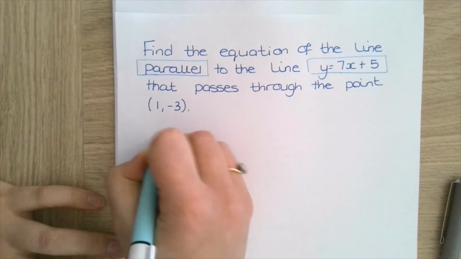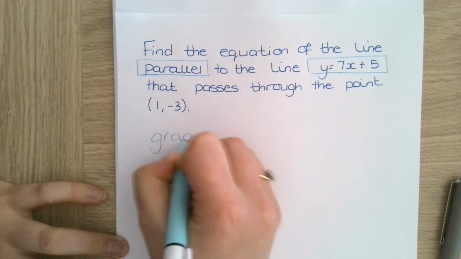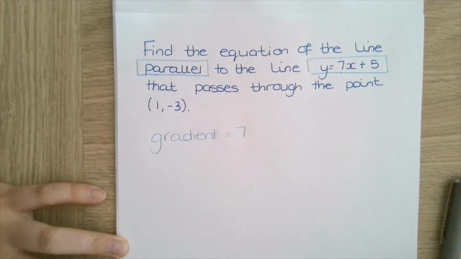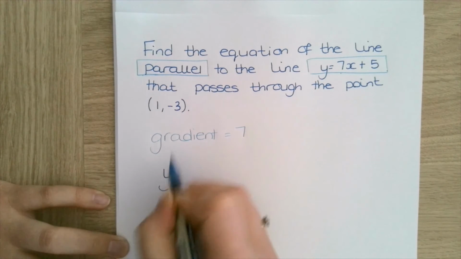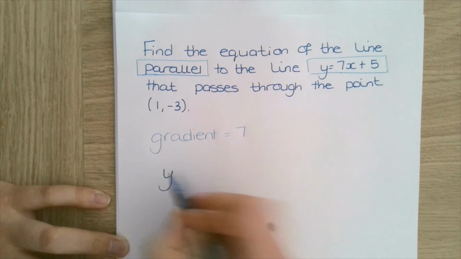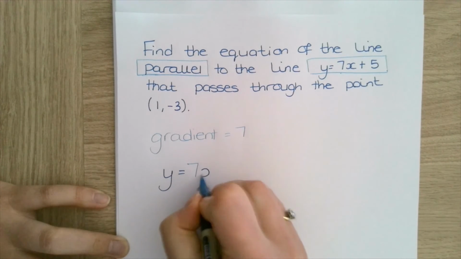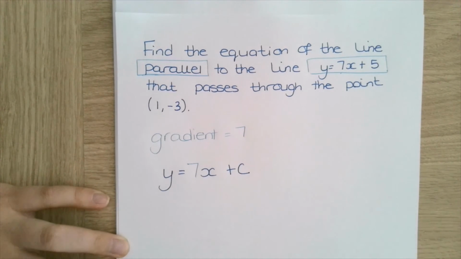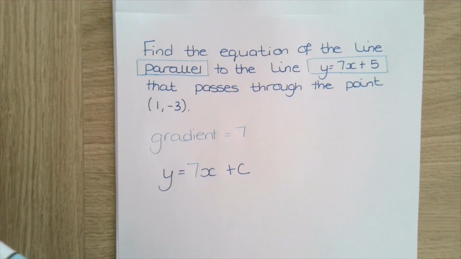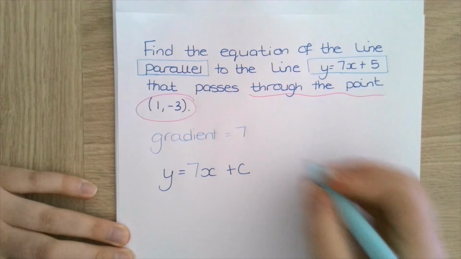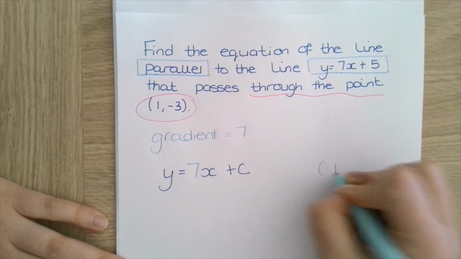So the gradient for my parallel line is going to be 7. So I know the format of the equation for my new line that I'm looking for is going to be y equals 7x plus c, and it needs to pass through the point 1, minus 3.